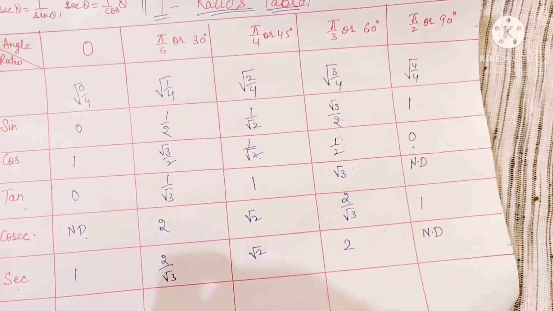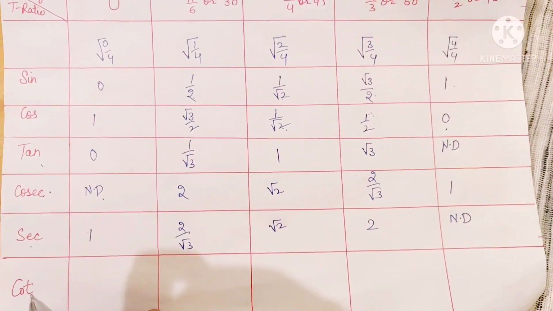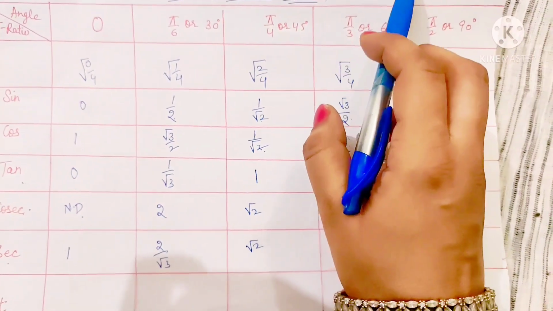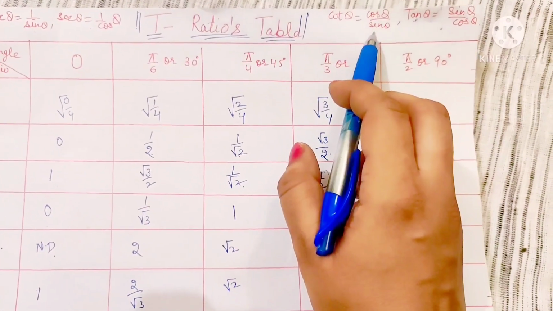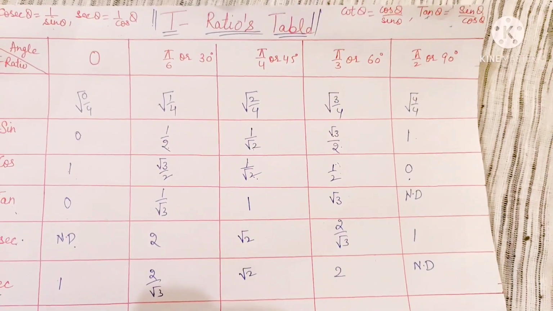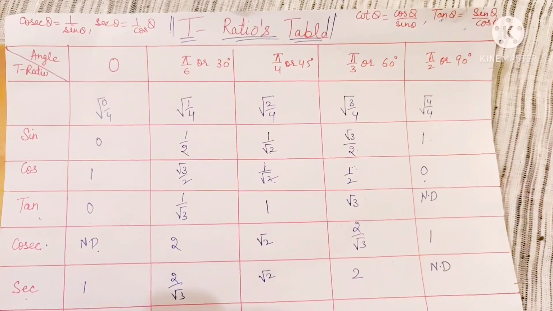Now for the ratios of cot theta. Cot theta is equal to cos theta divided by sin theta.